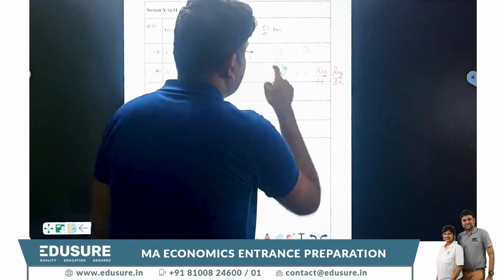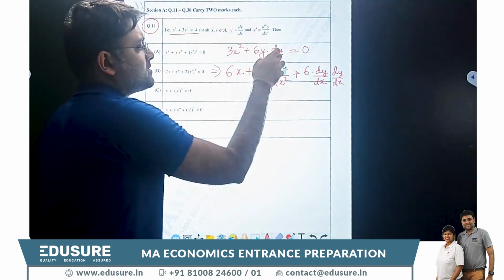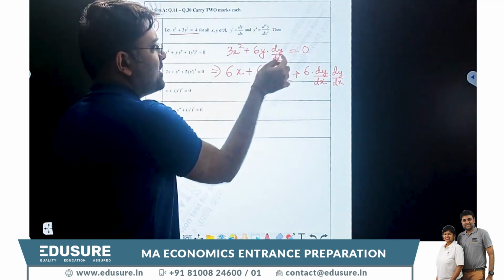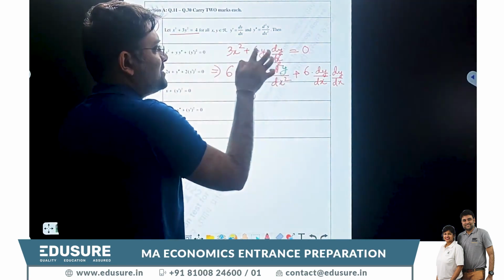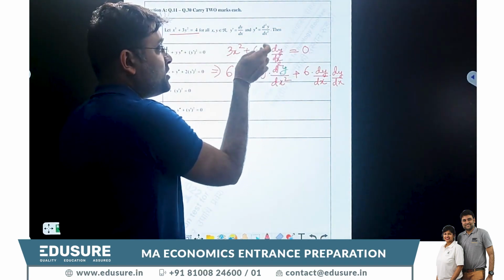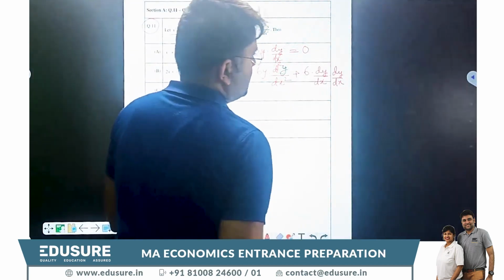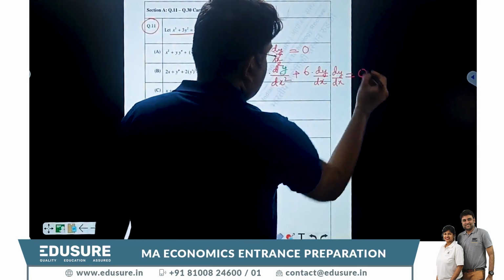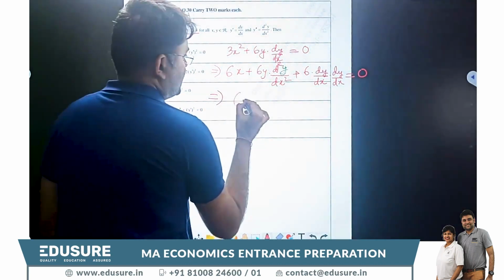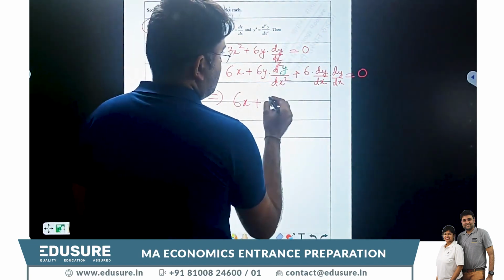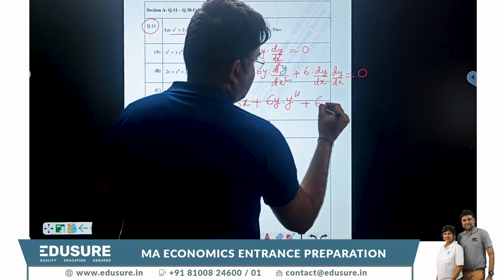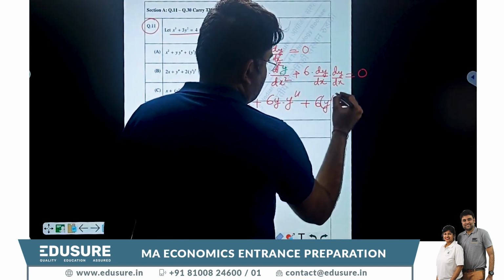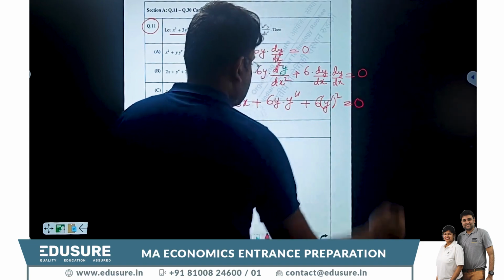What am I doing here? 6y dy by dx: differentiating 6y gives 6 dy by dx, and differentiating dy by dx gives this, is equal to 0. So 6x plus 6y into y double dash plus 6y dash square is equal to 0.